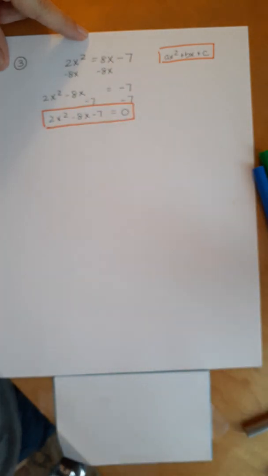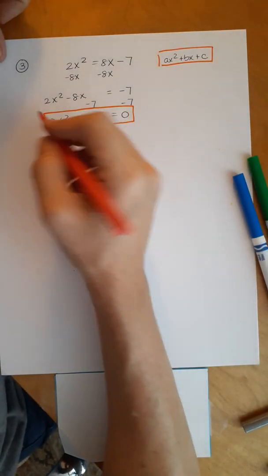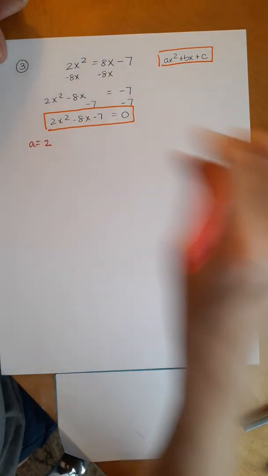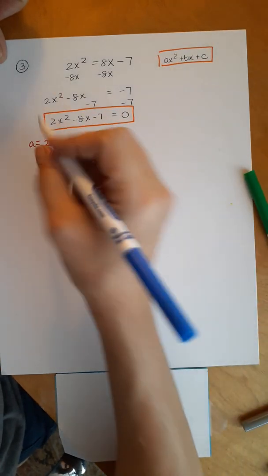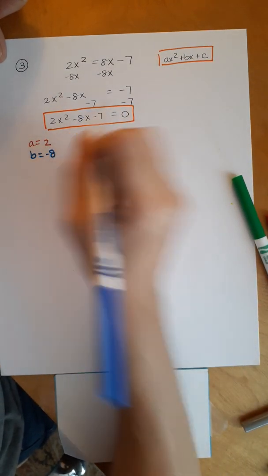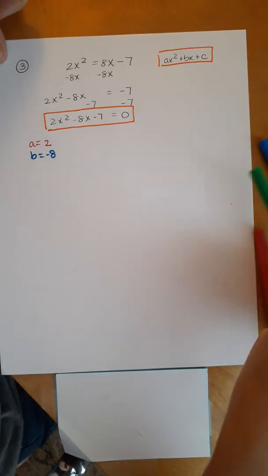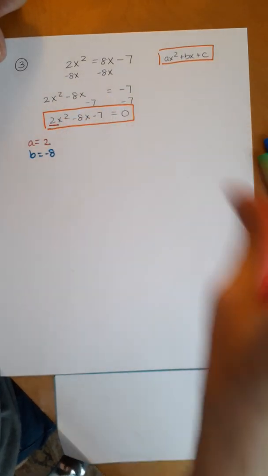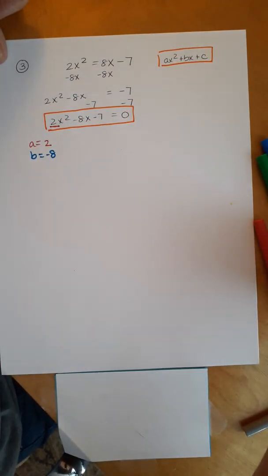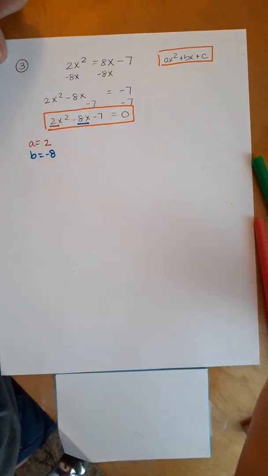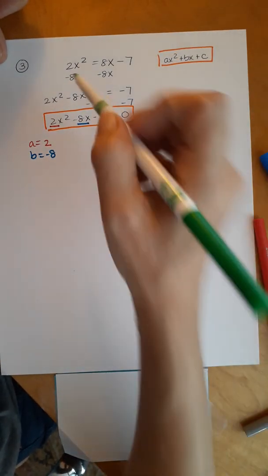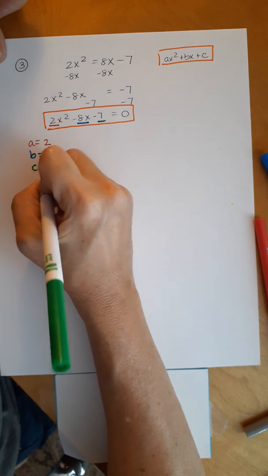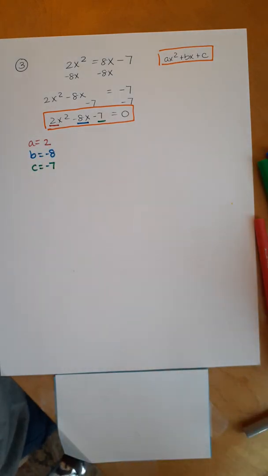Ready to do that. Okay, so my A is 2. My B is negative 8. And my C is negative 7. Now, let's put it into the quadratic equation.